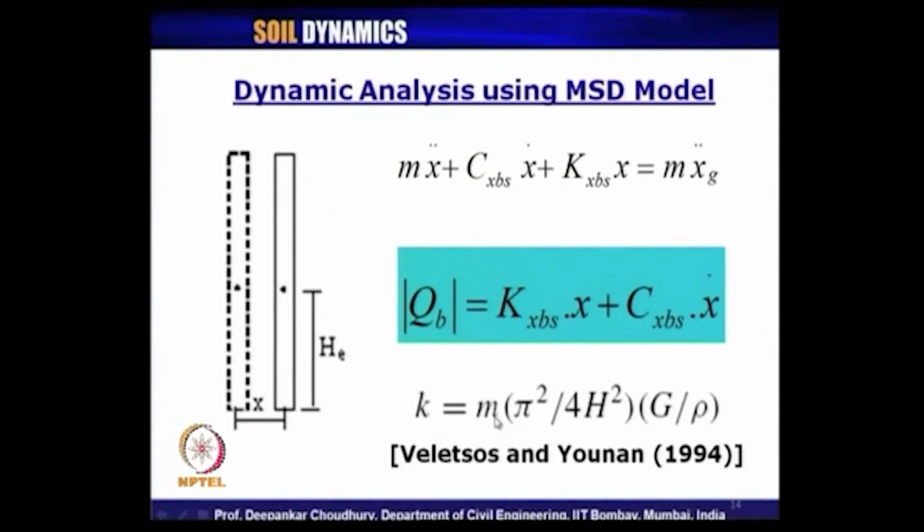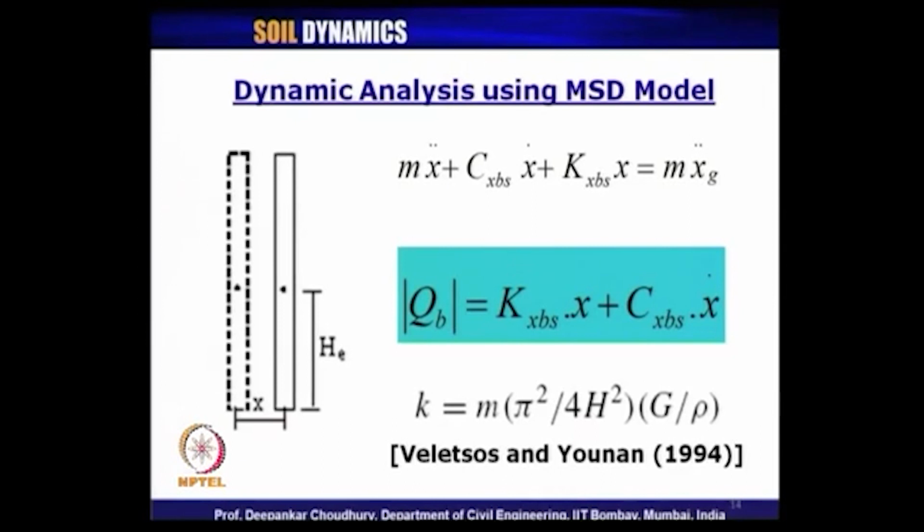So, here M of the wall has to be considered, H is the height of the wall, G is the shear modulus of the wall material. So, for concrete, if you are using the concrete wall, then concrete shear modulus has to be used, and rho is the density of the wall material. So, rho of wall material has to be used in the expression.